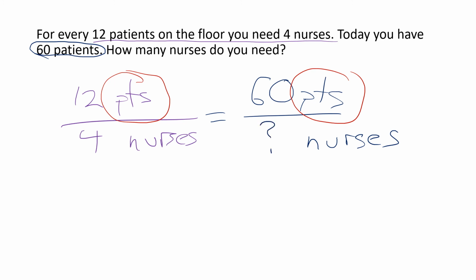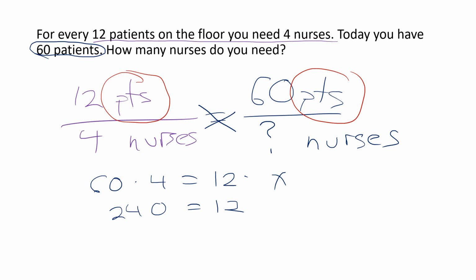Okay, how many? We don't know. Let's find out. So step 1, cross multiply. 60 times 4, 12 times x. 60 times 4 is 240, which equals 12 times x. And then we'll do our division.